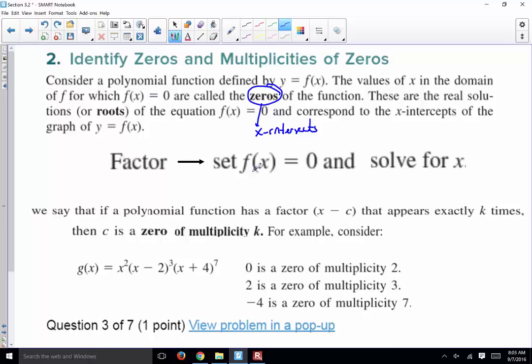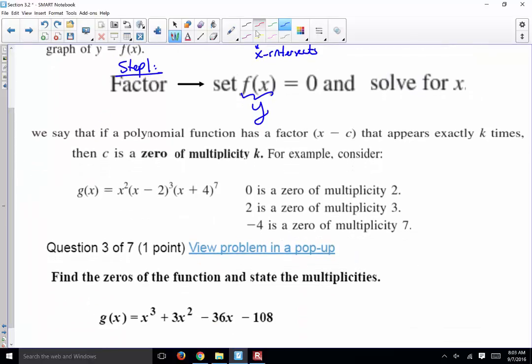We always set y into 0 and solve for x. But before that, we need to factor it. So once you're given a polynomial, step 1: to find zeros or x-intercepts, you need to first factor it. Then we will set all y values into 0, or the entire function into 0, and solve for x.